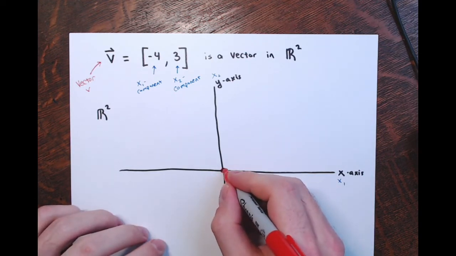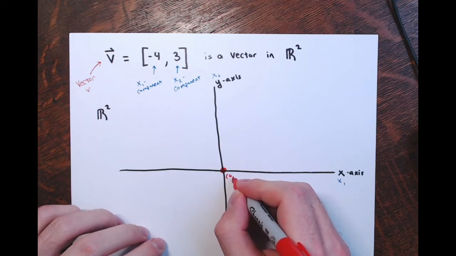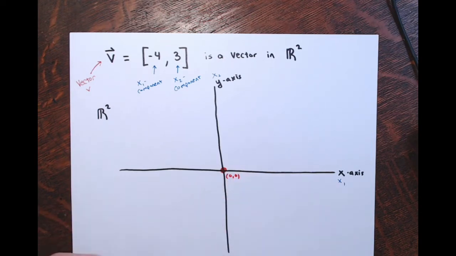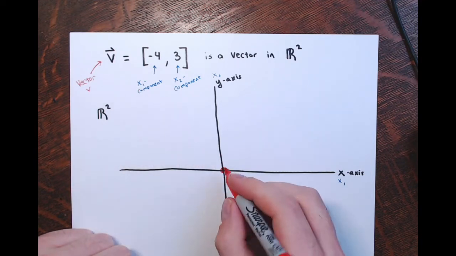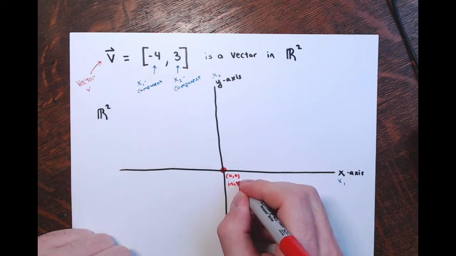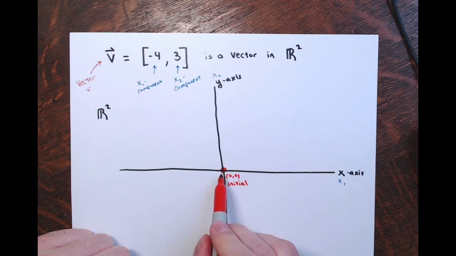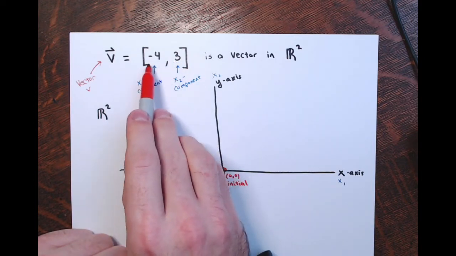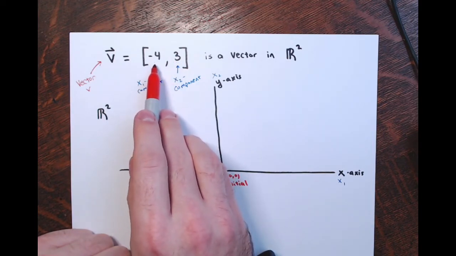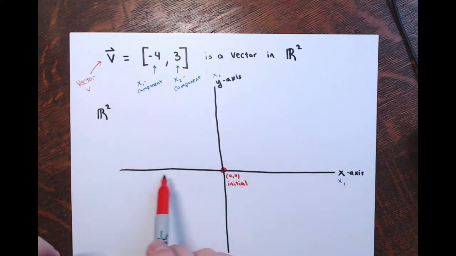So I could have my initial point be the origin, and notice the parentheses, the point 0, 0, and then have this be my initial point, right, initial. And this vector is telling me to move left 4. The x1 component means move in the direction of the x1 axis, or the x-axis, left or right.